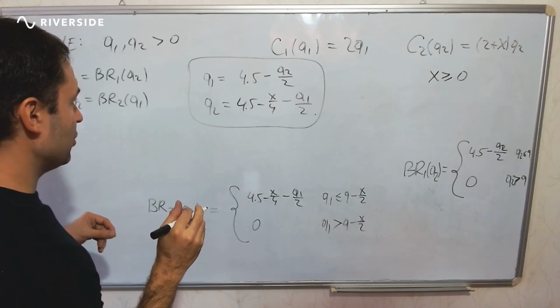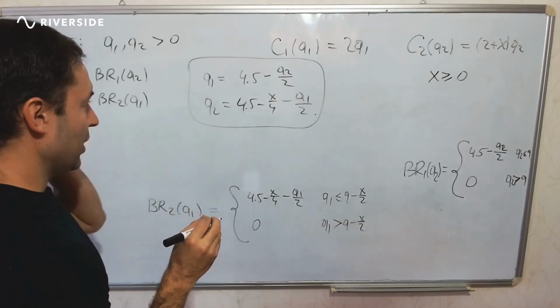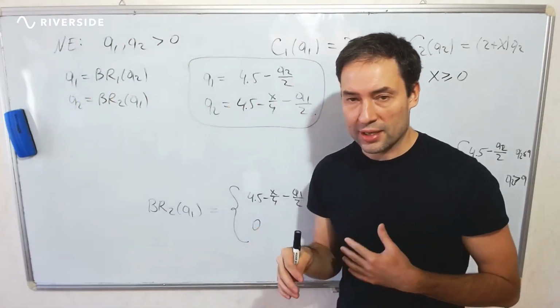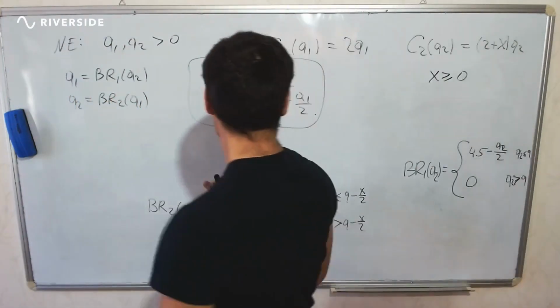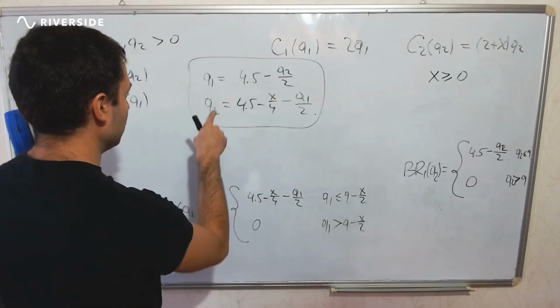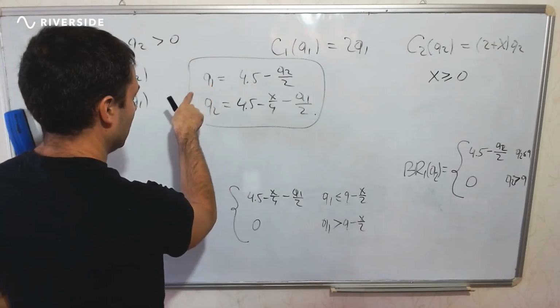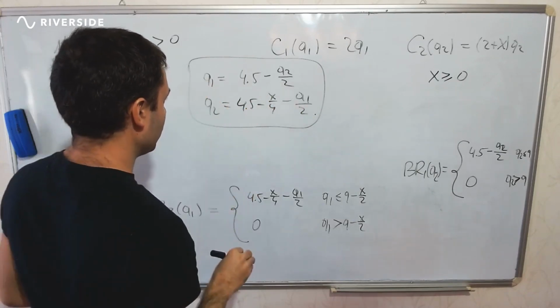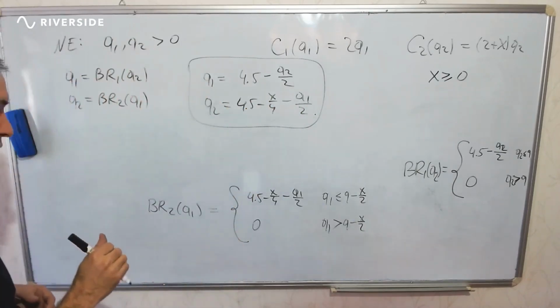Okay, so you cannot use a symmetry argument here because the firms are asymmetric, so you actually have to solve the system. The easiest way is usually to plug this one into here, get one equation in Q2, and work your way through it.